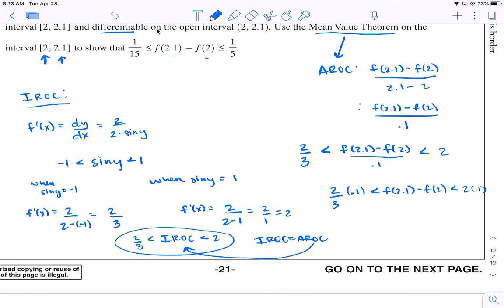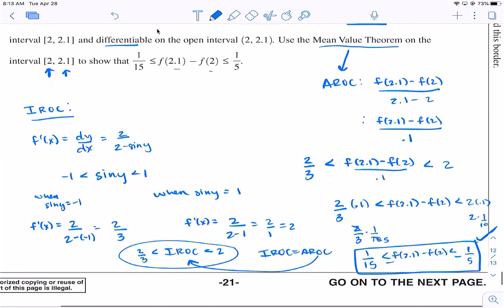So let's see, I'd have 2/3 times 1/10, the 2 goes into here, reduces, so yep, there's the 1 over 15. And then 2 times 1/10, sure enough, that reduces to 1/5. So that is how we can prove this relationship. That's how we can show that that is happening.